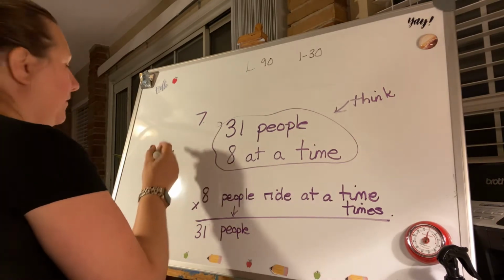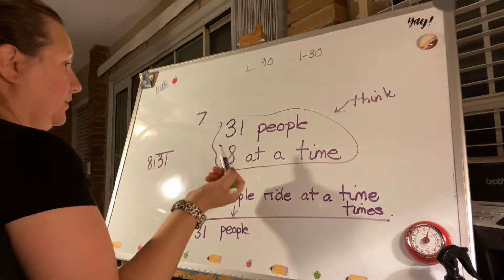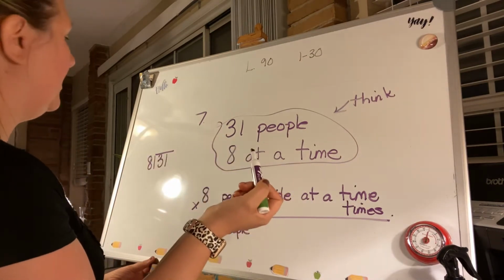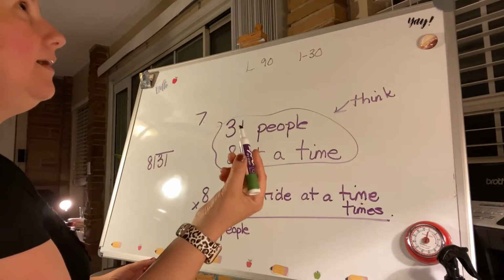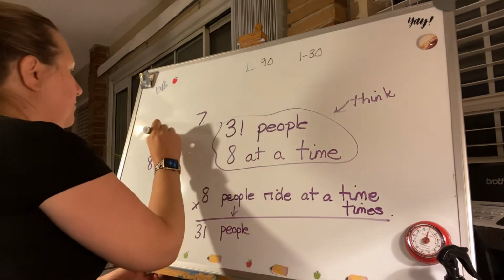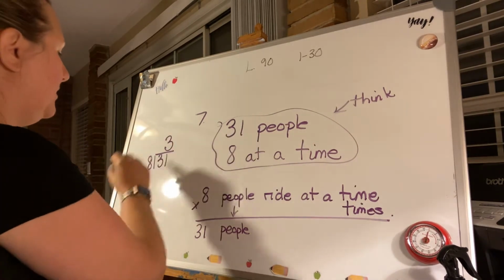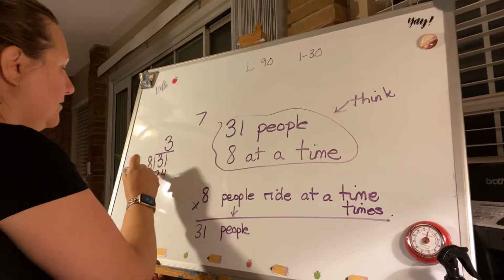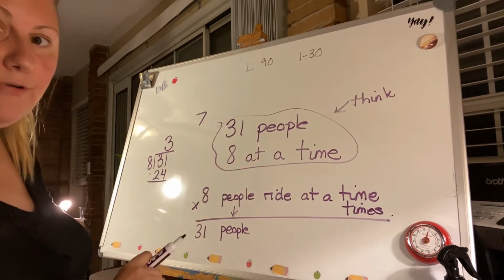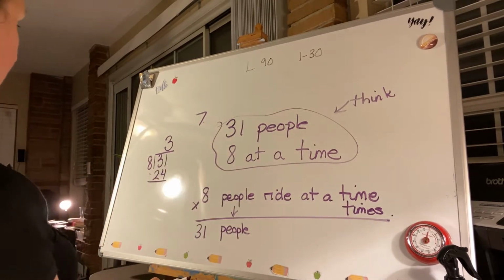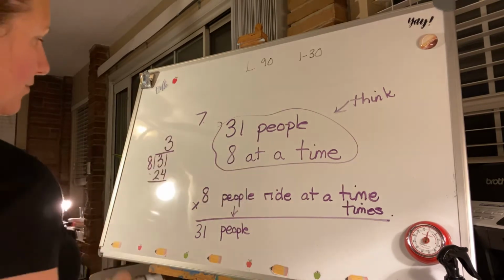Well, 8 times 2 is 16, right? 8 times 4 is 32, so why don't we go with 3? 3 times 8 is 24, is as close as we're going to get without going over. So we write that number underneath there, and then we do the subtraction.